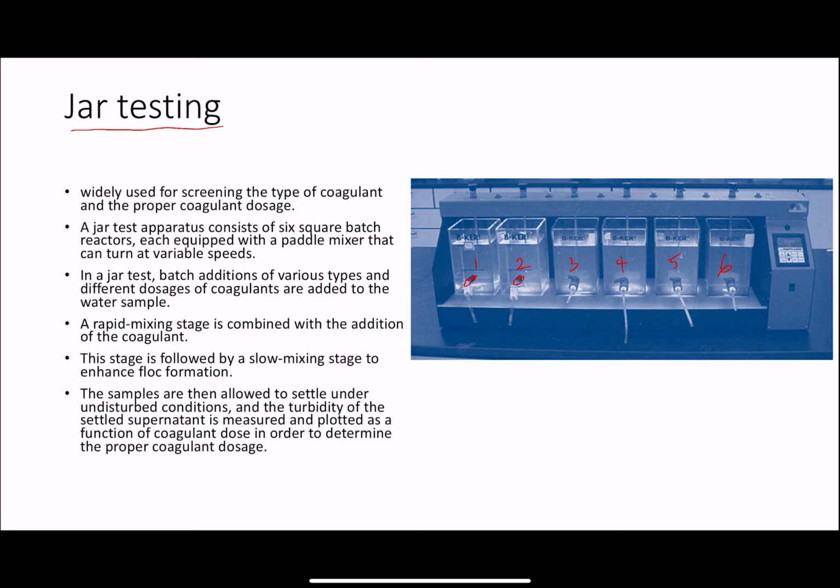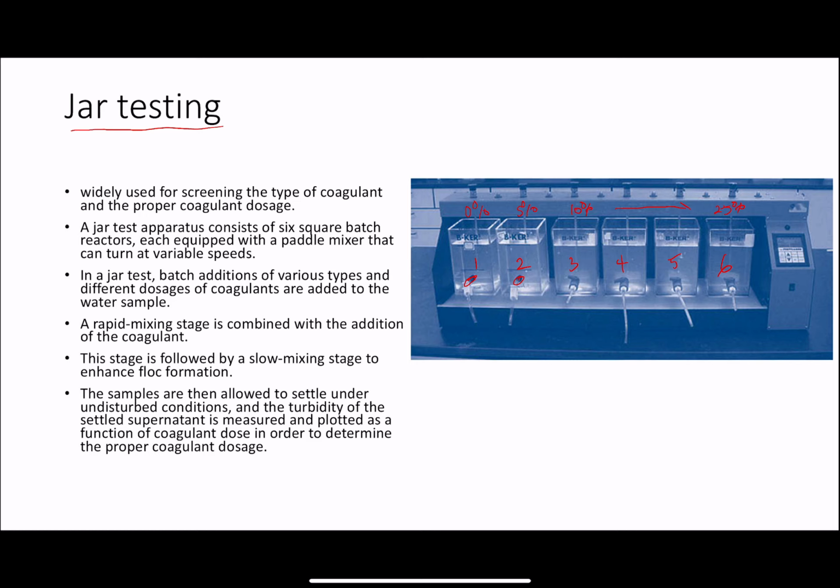Now we're going to add different dosages of coagulant to the water sample. Remember, the objective is to remove turbidity, for example, or to remove suspended solids. So let's add the coagulant at different concentrations. Let's see, 0% coagulant, 5% coagulant, 10% coagulant, all the way, let's say, to 25% coagulant.